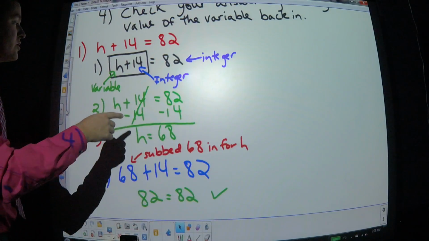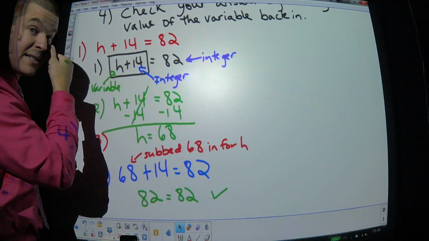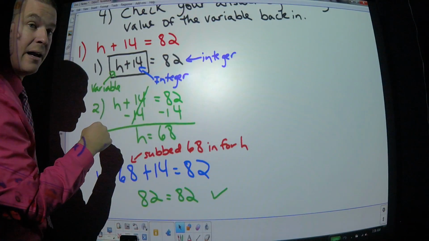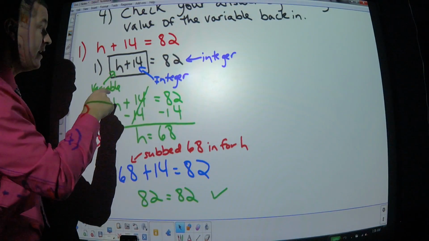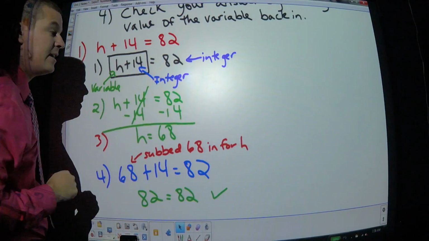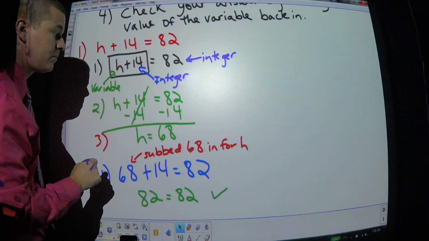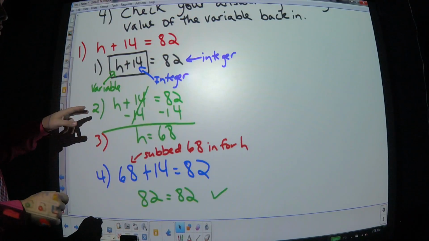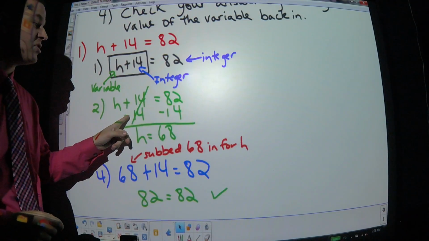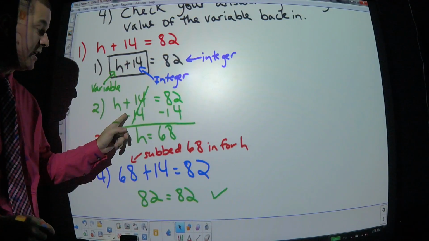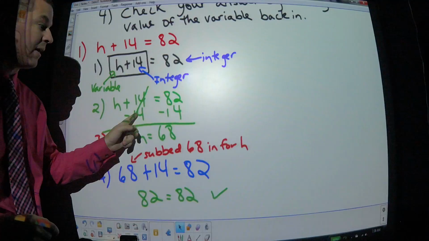So step 1, identify the side with the variable. I've boxed it. The left side of the equals sign is the side with the variable. Here is the variable. Here is the integer. Step 2, you want to subtract the integer on both sides. Notice that 14 is the integer, so I'm going to subtract 14 on the left side.